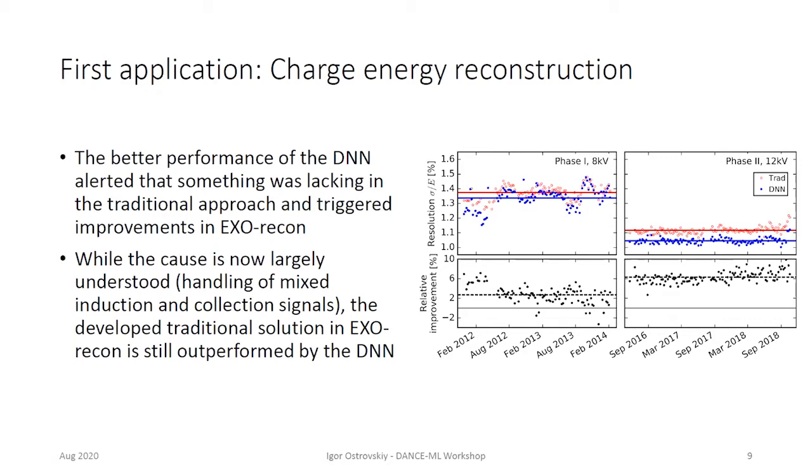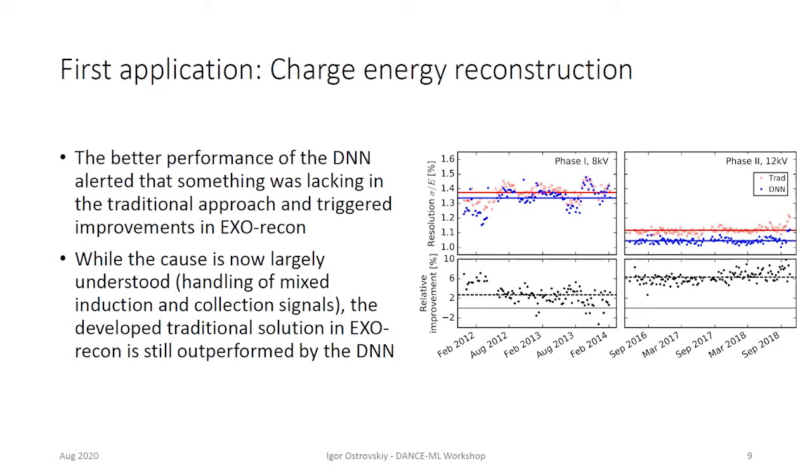And another interesting point here. After we understood and demonstrated that this improvement comes from the traditional recon, those gray boxes, not doing a good enough job at reconstructing those mixed induction and collection signals, that actually led to the traditional reconstruction improvements.